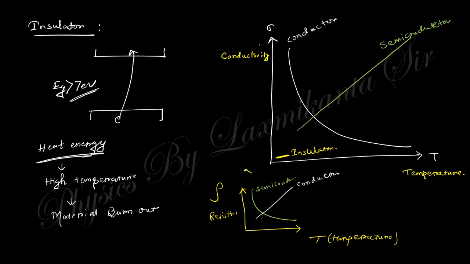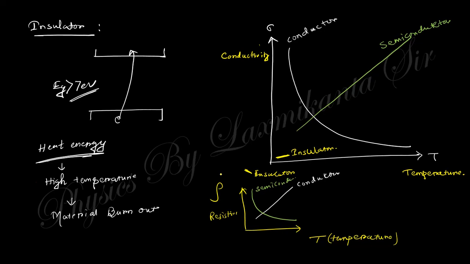So this becomes like here. This is for insulator. Okay. So this is the diagram for conductivity and resistivity of conductor, semiconductor, and insulator. I think it is clear about all these things. Okay.